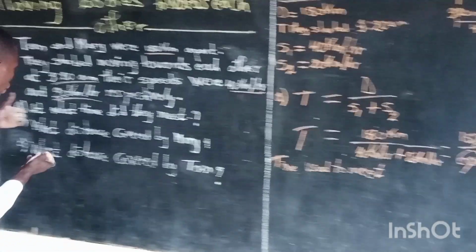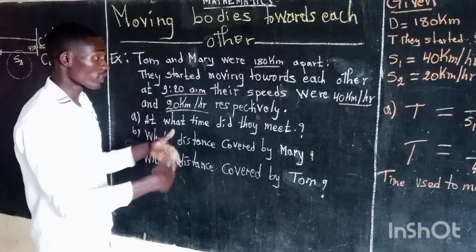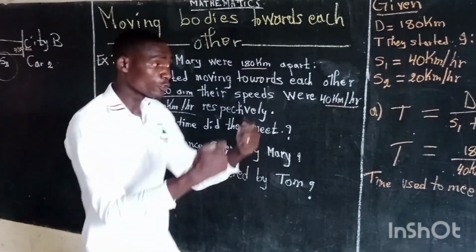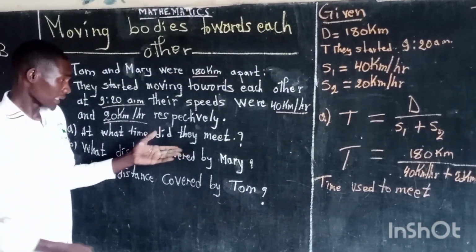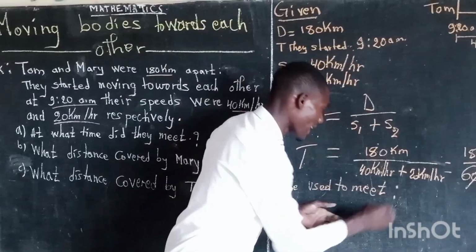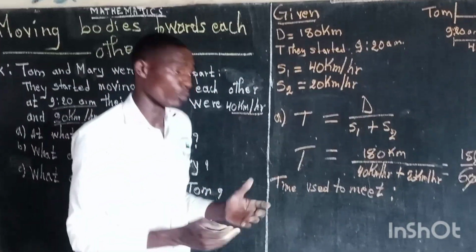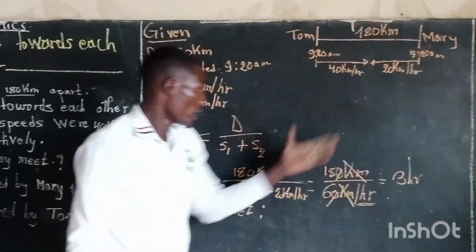Even if our question doesn't ask us the time used to meet, you have to know that before getting the time they meet, you start by calculating the time used to meet. What time do they use in order to meet?